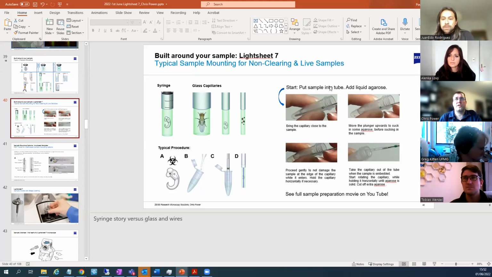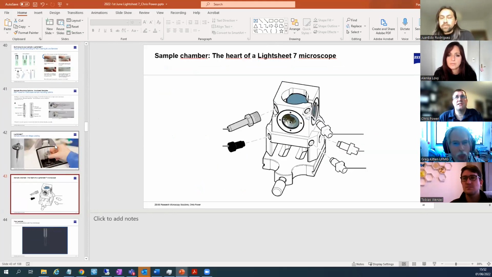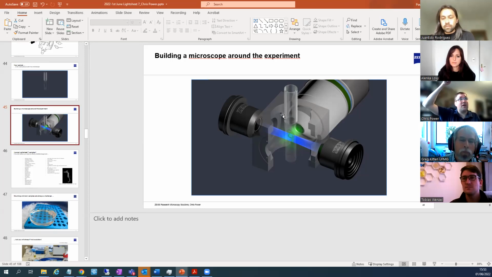Okay, good questions. In terms of changing the chamber and the lenses, usually it depends on the chamber you have, and it depends on the sample you have. Usually, changing the chamber, you at least need to move the sample up and out of the way, or in the cleared one, it can rest on the chamber.